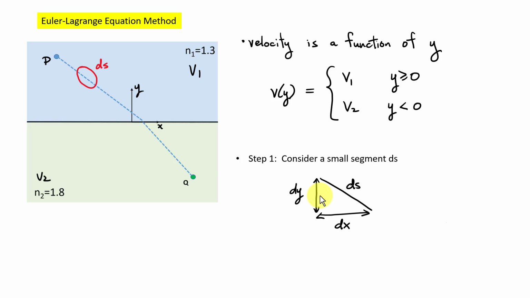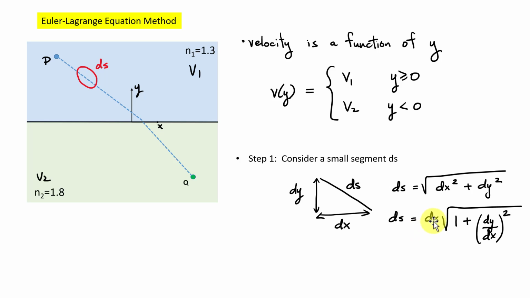The next thing I can do is use Pythagoras in order to write that little element of length ds as the square root of the sum of the squares of the length of the sides of this triangle. What I want to do now is factor out a dx, and if I do that, this is what the equation looks like. This is pretty straightforward mathematical manipulation.